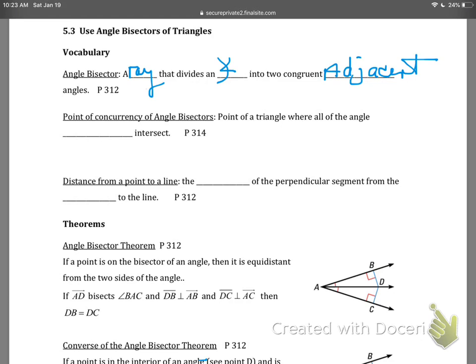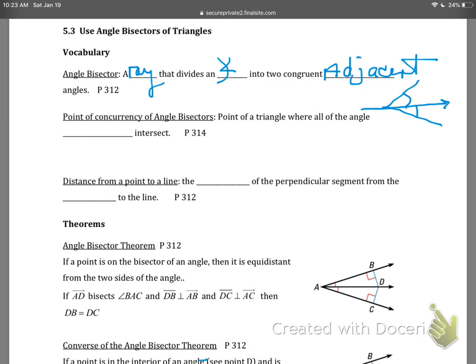If you want to sketch that, if this is my angle, and I have a ray coming through it, here's a ray with an arrowhead, it's going to divide that angle into two equal angles.